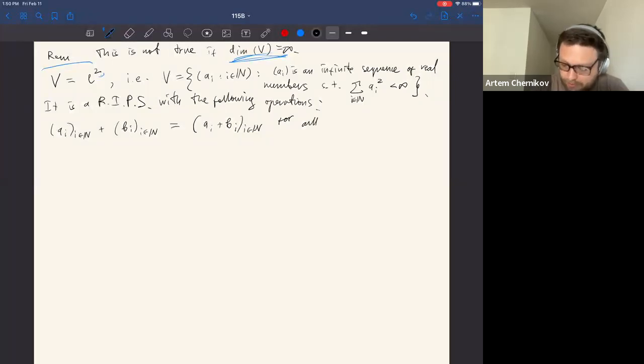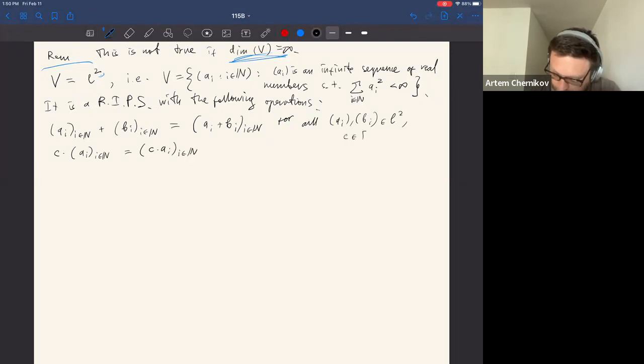Okay, so we have this for all sequences (a_i), (b_i) in l2, and similarly we can define scalar multiplication. So we take c times (a_i) for a sequence, i in N. This is just the sequence given by c times a_i for i in N. Okay, so we have this for all (a_i), (b_i) and c in R in this case.